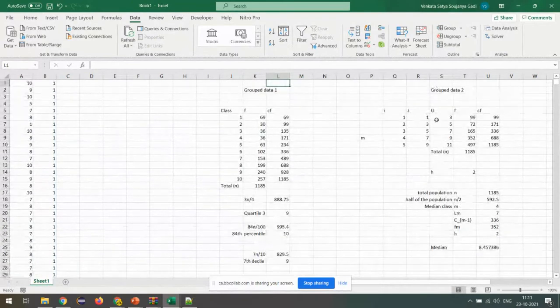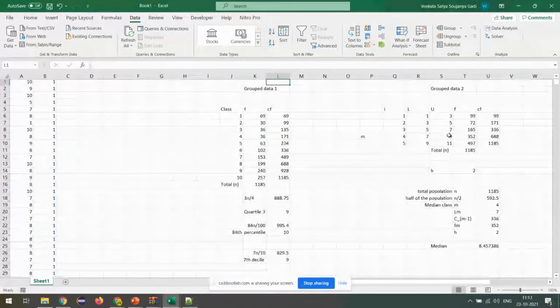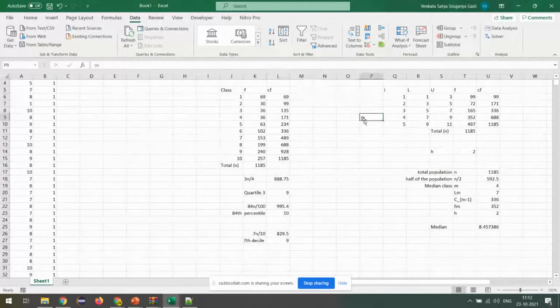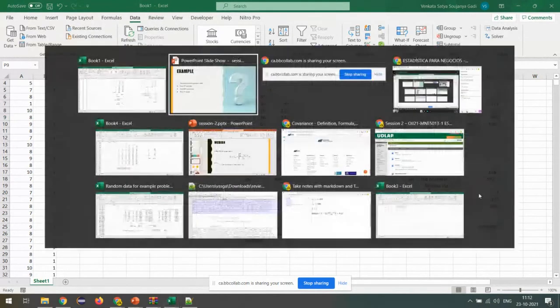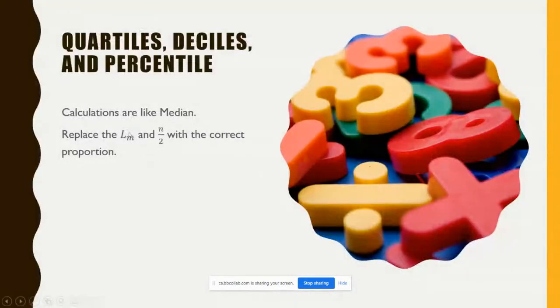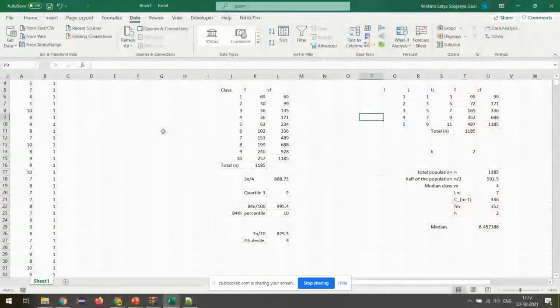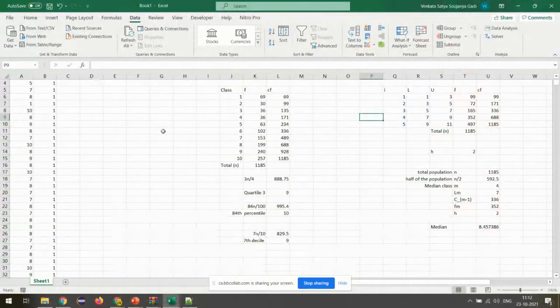Okay. Now let us see from the grouped data how we can calculate from this information. For this we use the formula. But in the formula, as I said, instead of n by 2, we do something else, depending on which quartile we want. For example, we want the third quartile, right?